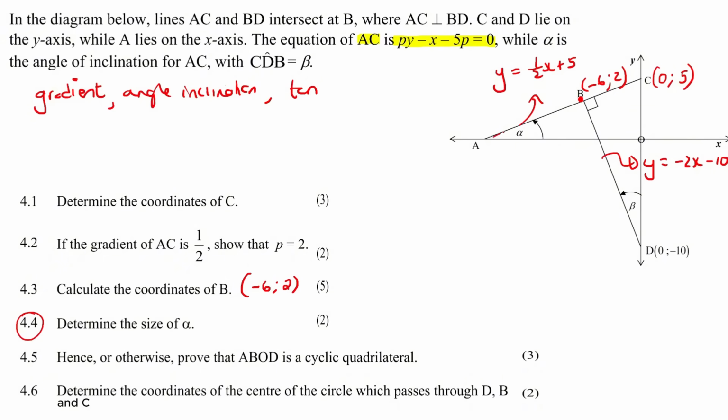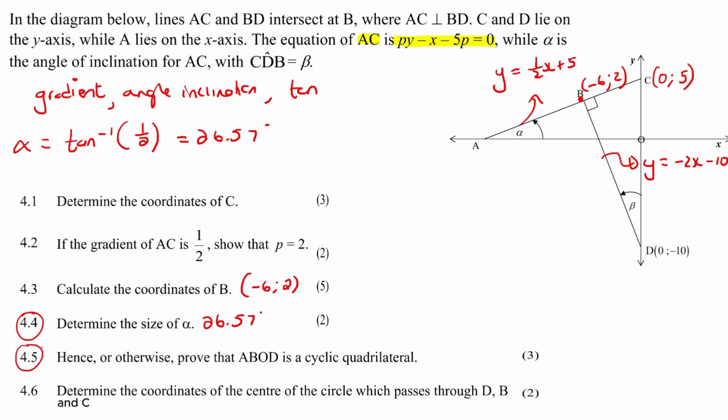So what do we know about this line? We know its gradient. So we can then say shift tan of a half, and that'll literally give you the angle. That's going to give us 26.57 degrees.